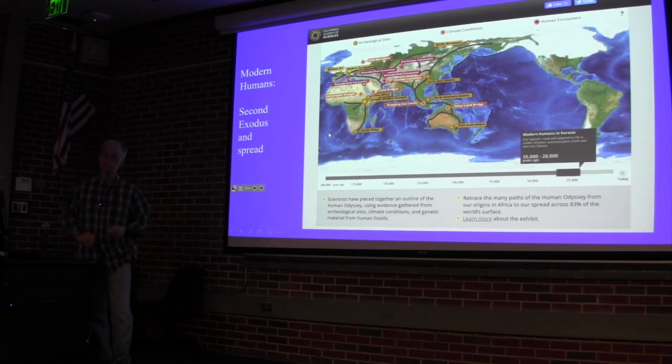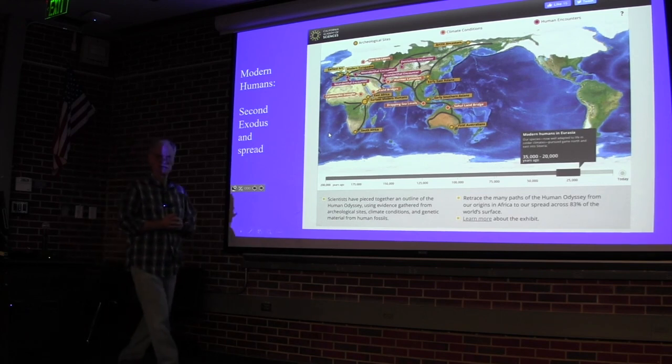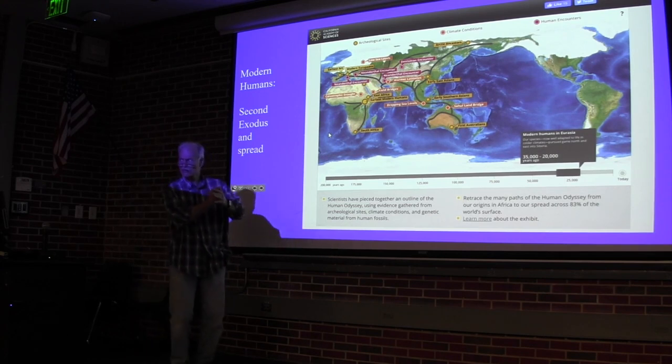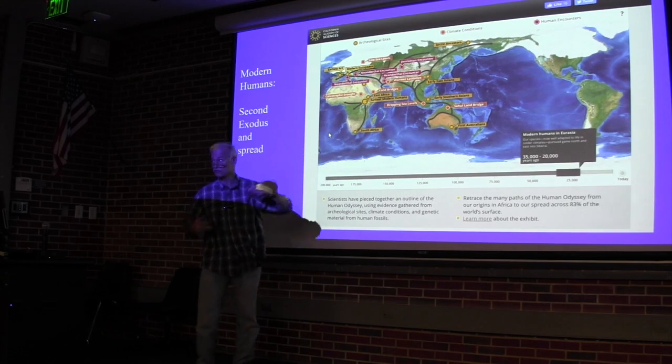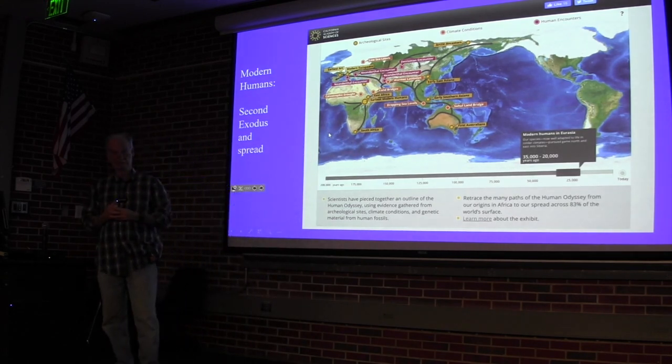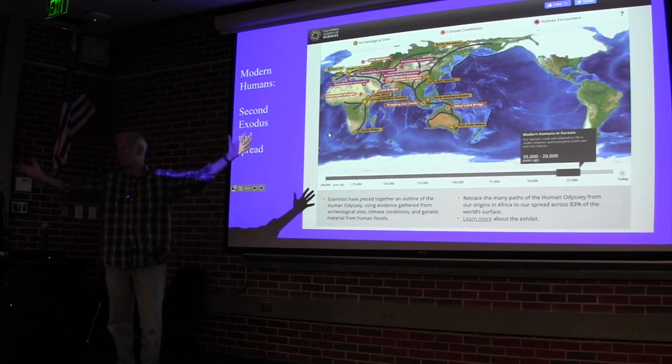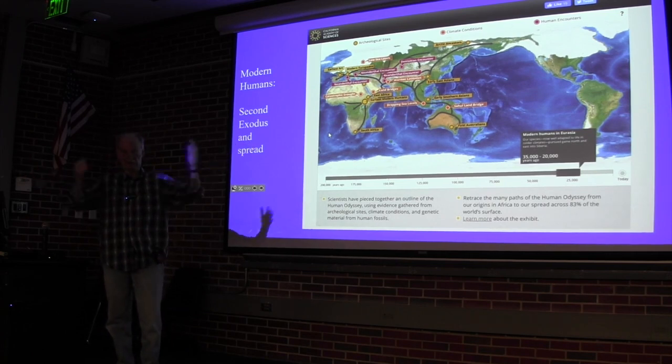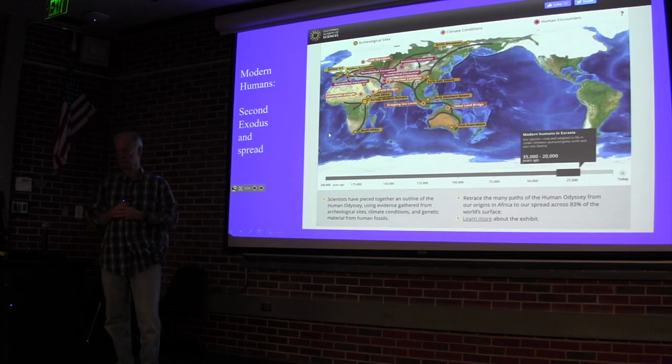And it seems, what the story that's emerging is, that contact with Neanderthal allowed the second expedition to now pick up traits that were cold adapted and facilitated this time our spread to the far corners of the earth, that contact with Neanderthal.